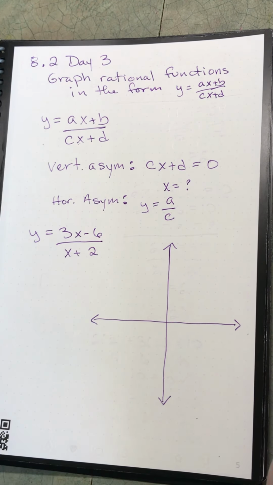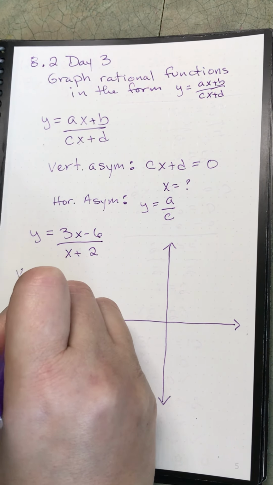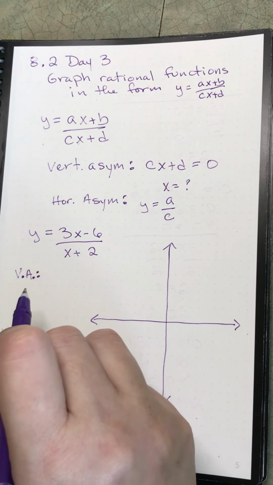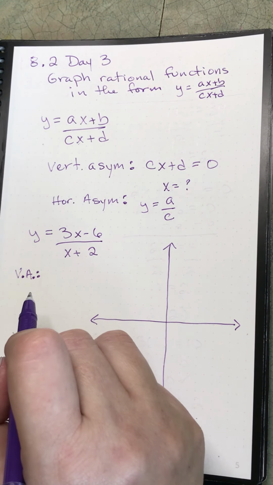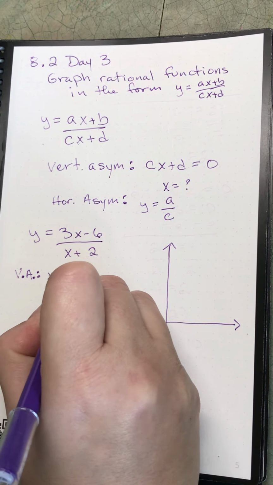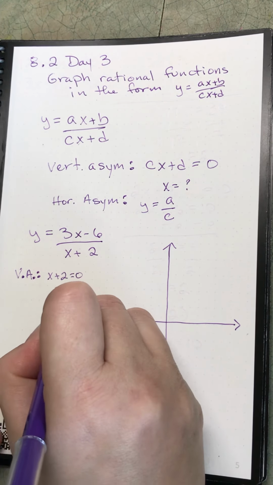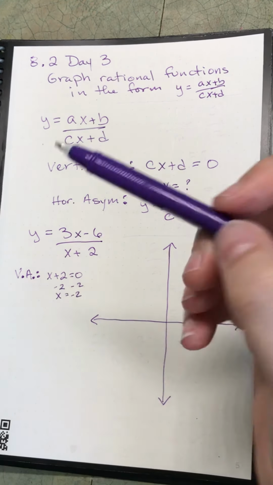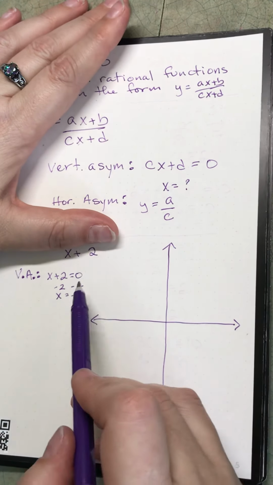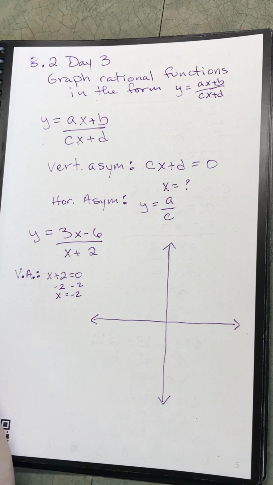My vertical asymptote, I don't give myself much room, so I'm going to abbreviate it, is at x plus 2 equals 0. So x equals negative 2. Or we could just look at this and say, okay, what number would x have to be to make this whole thing 0? And that's going to be our vertical asymptote.